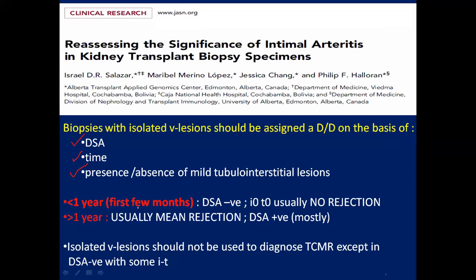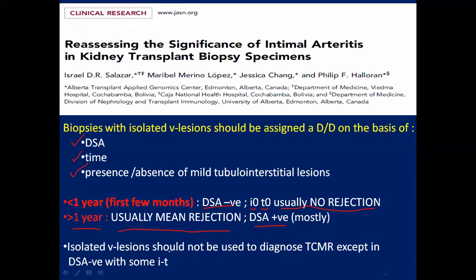Less than 1 year, so the first few months, if DSA is negative, if there is no i0, meaning no interstitial inflammation, and t0, meaning no tubulitis, usually it is not rejection and it means just an ischemia reperfusion injury. On the other hand, if you find more than 1 year post-transplant, you find DSA which is positive in the majority of cases, and post 1 year, isolated V lesion usually means rejection.